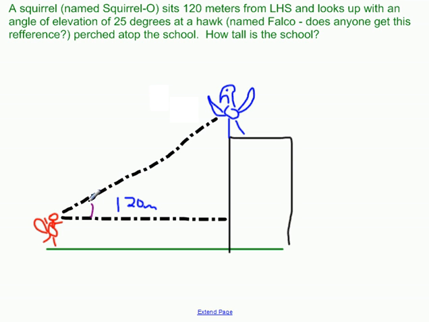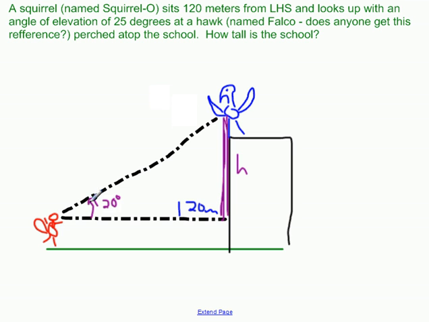Since it's an angle of elevation, that means it has to go from a horizontal line up, and it's relevant to Squirrelo because he's the one looking up with it. So the angle of elevation is going to go there, and that should end up equaling what we're given as 25 degrees. So put 25 degrees here. How tall is the school? So what we're trying to find is this overall height.